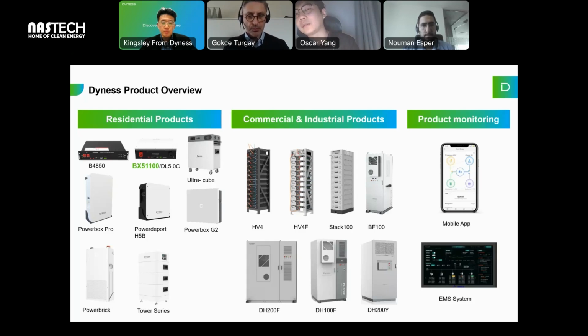You can upgrade your customers' products in your office. This EMS system is mainly for DH series. This is for high voltage to calculate and analyze the usage of the system. So today we are focusing on the entry-level products BX51100 to talk about the situation and the solution and also the bundles.